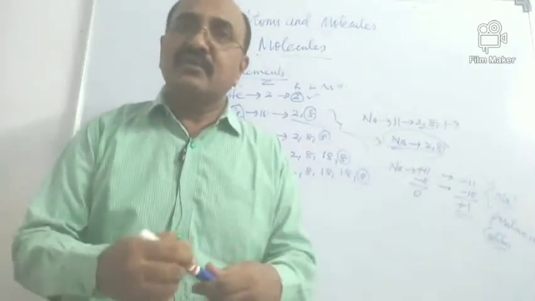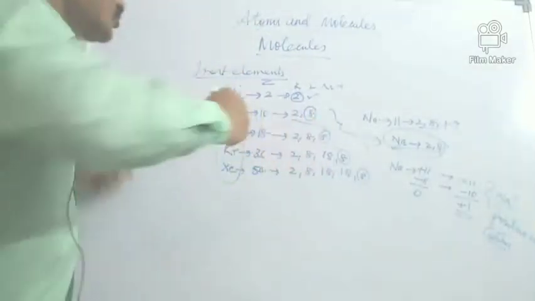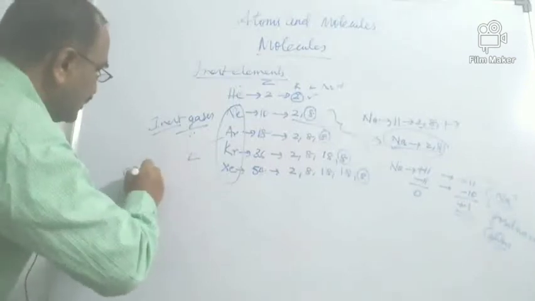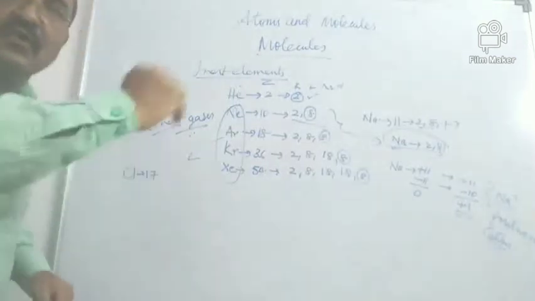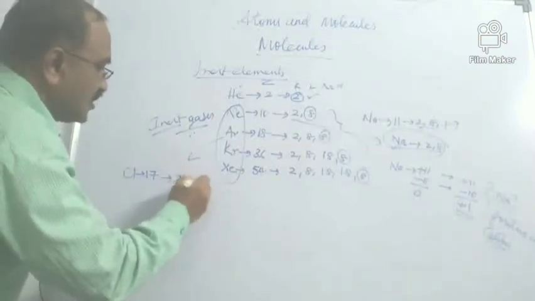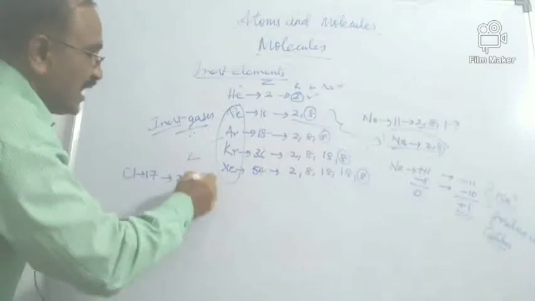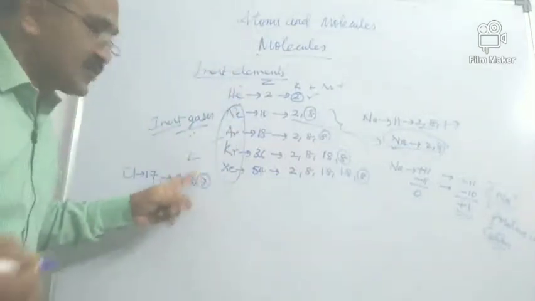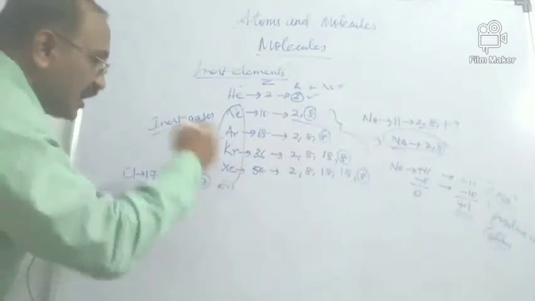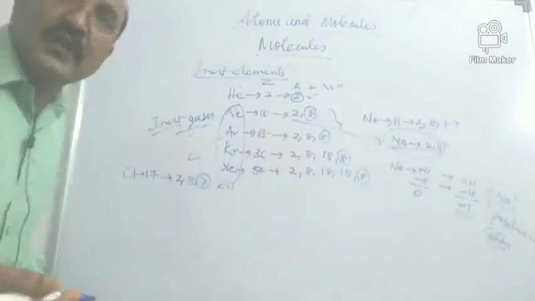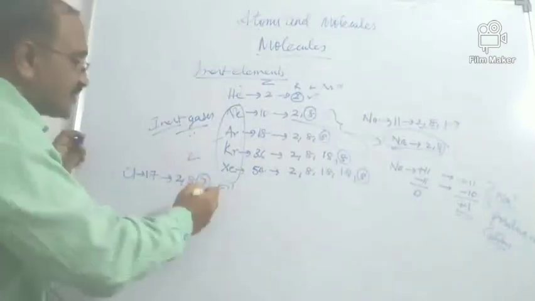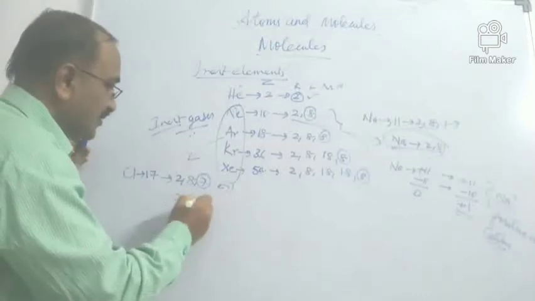Similarly, let us understand the configuration of chlorine. Chlorine's atomic number is 17, and its electronic configuration is 2,8,7. You just check this, there is no octet here. So this chlorine atom wants to get one electron from somewhere outside, wherever it is provided, under certain conditions, and it results in getting the configuration of 2,8,8.